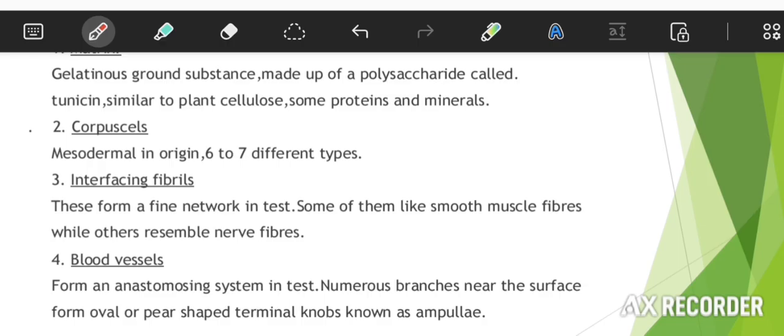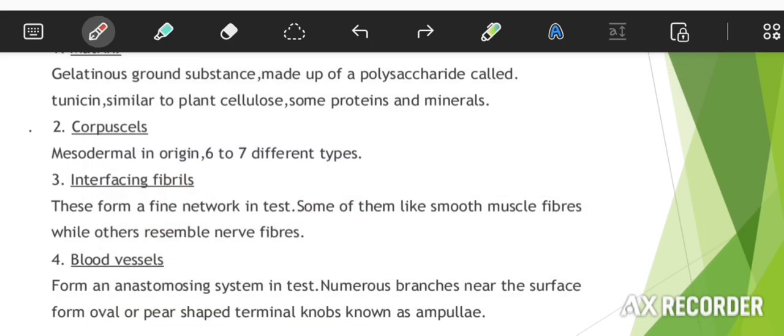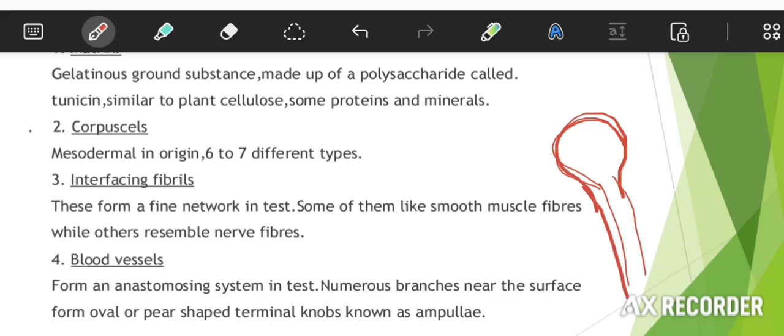Numerous branches near the surface form oval or pear-shaped terminal knobs known as ampullae. I have already told you, suppose this is my blood vessel and the end region forms a knob-like or pear-like structure, and this structure is known as ampullae.